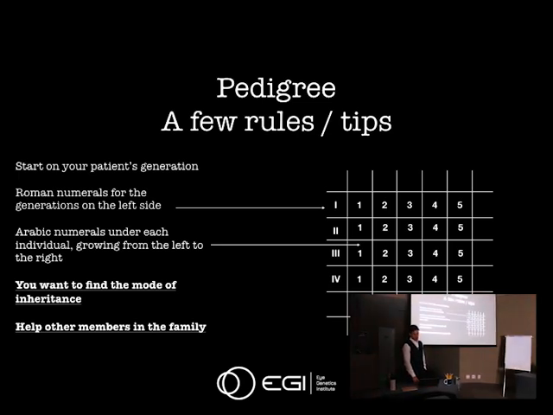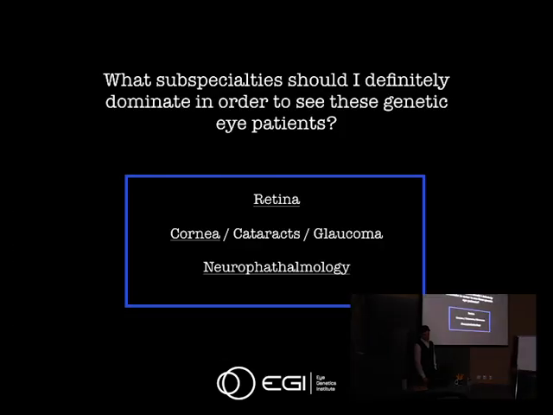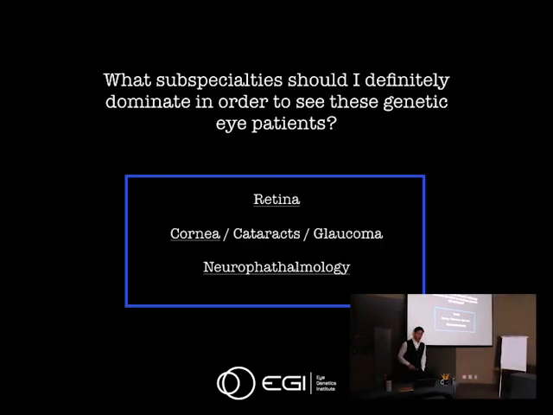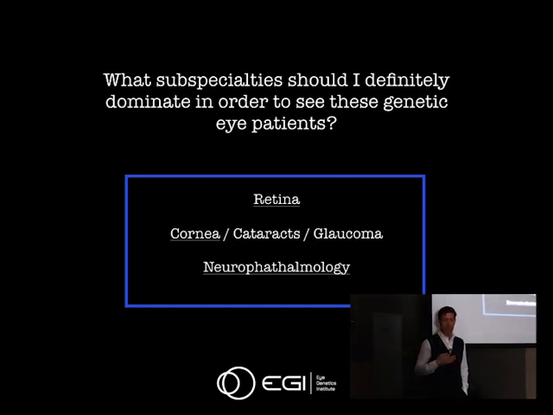And so we saw the pedigree, and all right, so what subspecialty should I definitely dominate in order to see these conditions, these patients with genetic eye diseases?